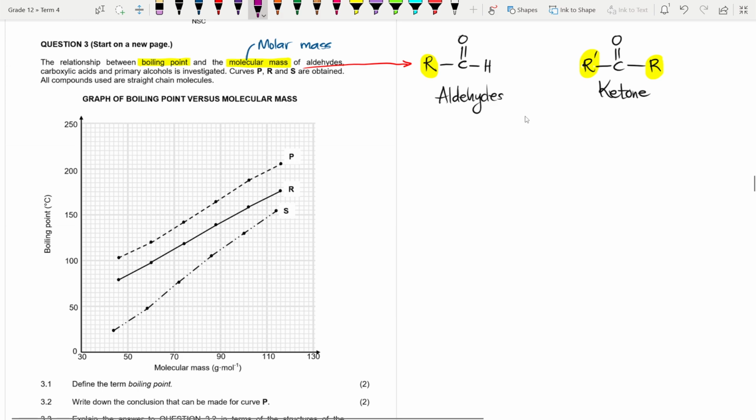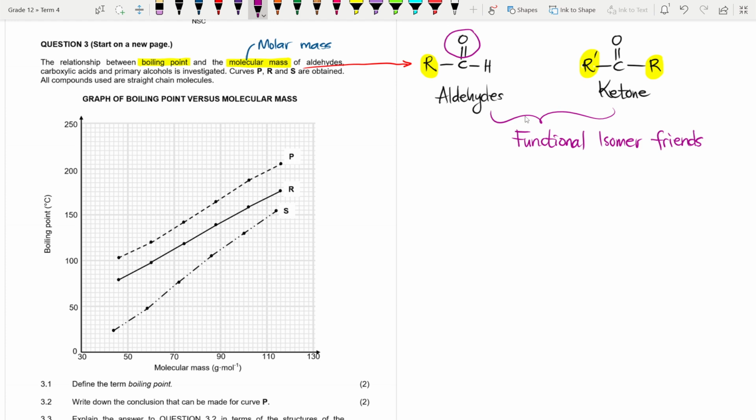You can see from these two molecules that they are closely related, or similar. This is what I call functional isomer friends. I'll explain what I mean by that. If I move the double bond O to another carbon in the chain from the carbon that is at the end, then I have a ketone.